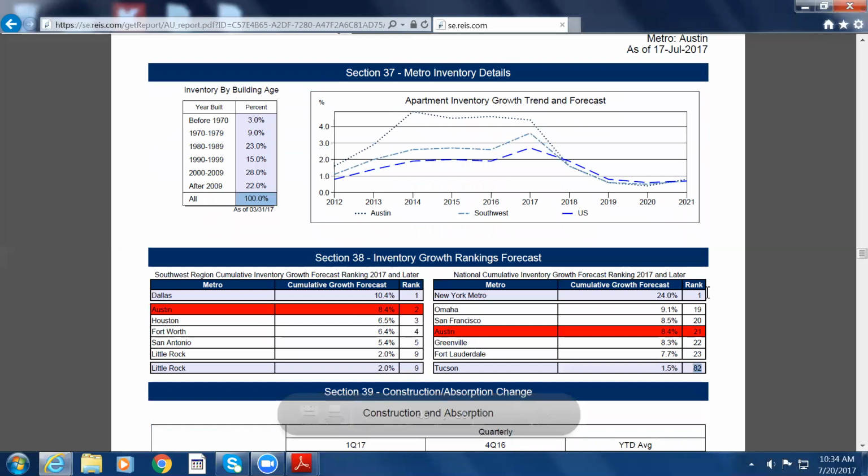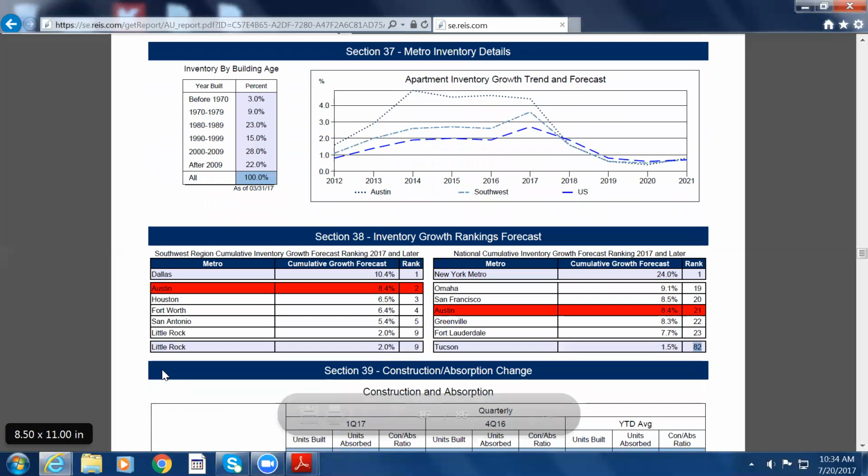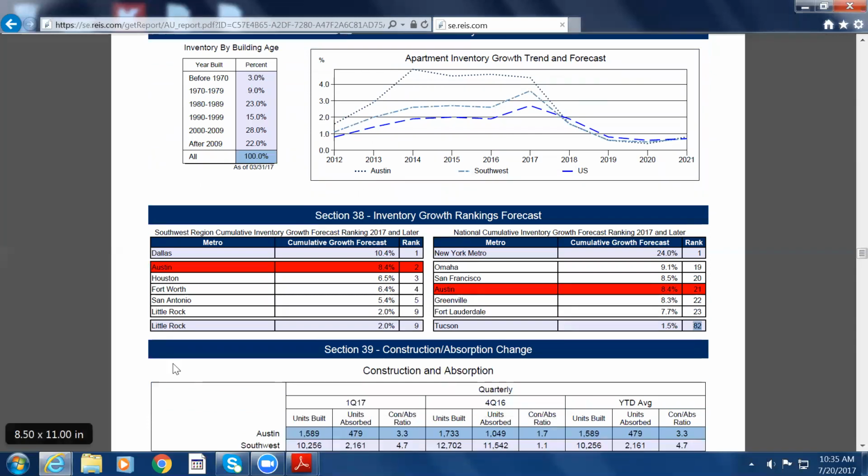On the higher end, we have New York for a lot of inventory growth. On the lower end, Tucson, Arizona. If we're looking at just this particular region, Dallas is just above Austin. Little Rock, Arkansas is going to be at the bottom there in terms of inventory growth. Again, all that will come from us speaking to developers and architects and verifying hard dates on these projects.